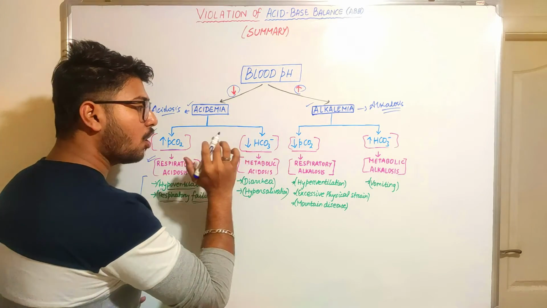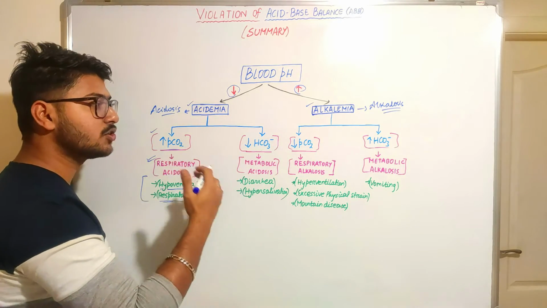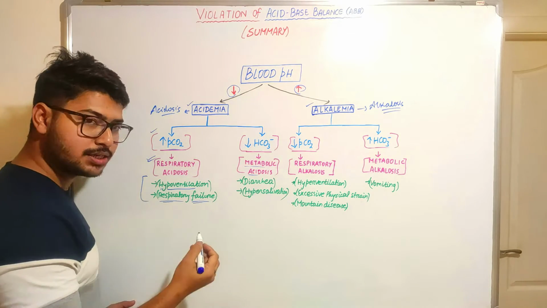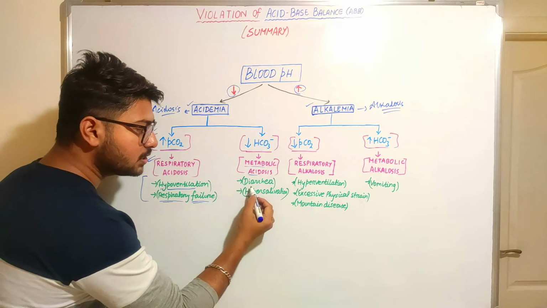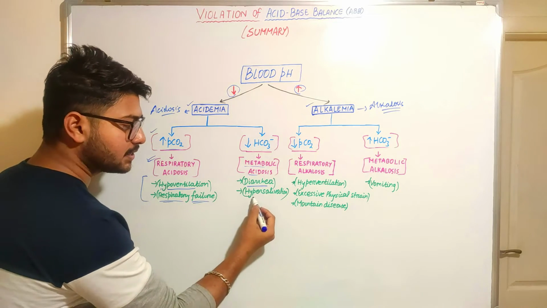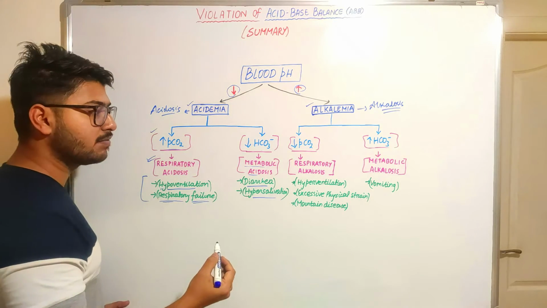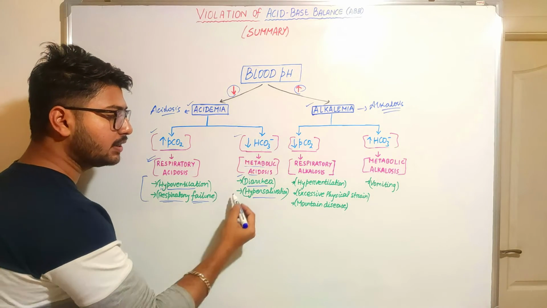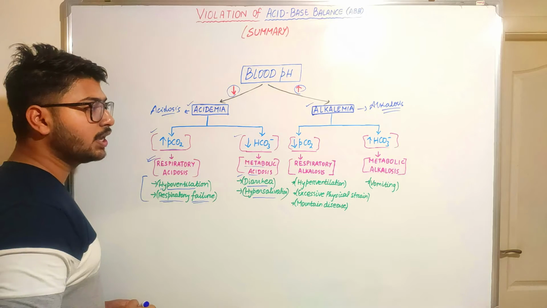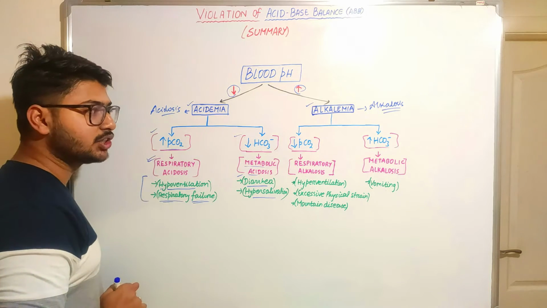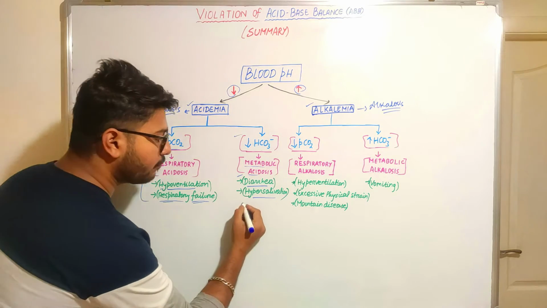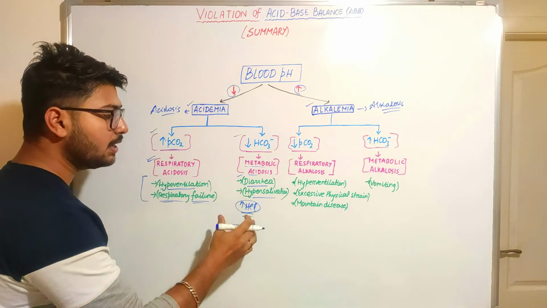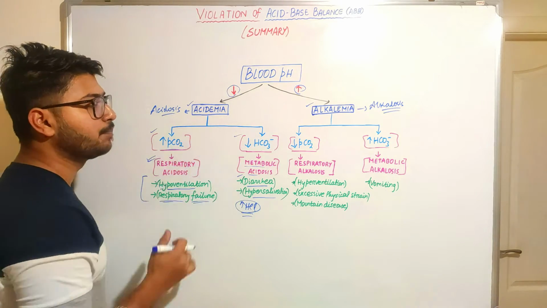When there is a decrease in the concentration of bicarbonate ion, it will be called metabolic acidosis. And this occurs when there is excessive diarrhea and hypersalivation. Due to loss of bicarbonate ions in the diarrhea, we see the acidosis condition because there will be an increase in HCl production or HCl preservation inside the body.